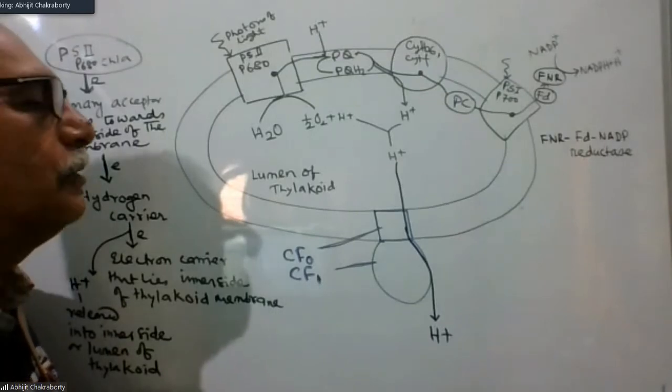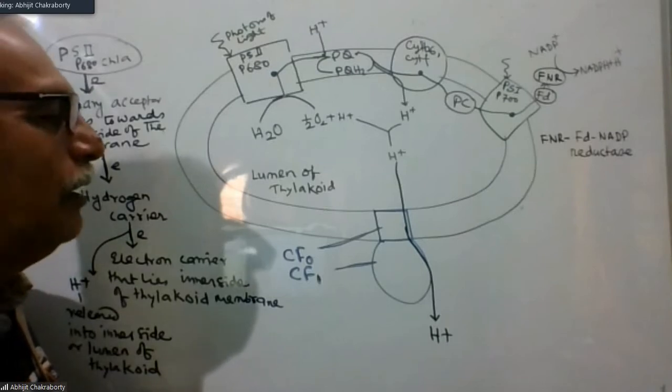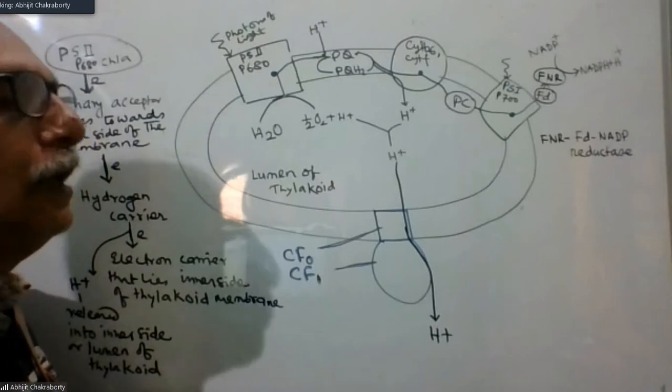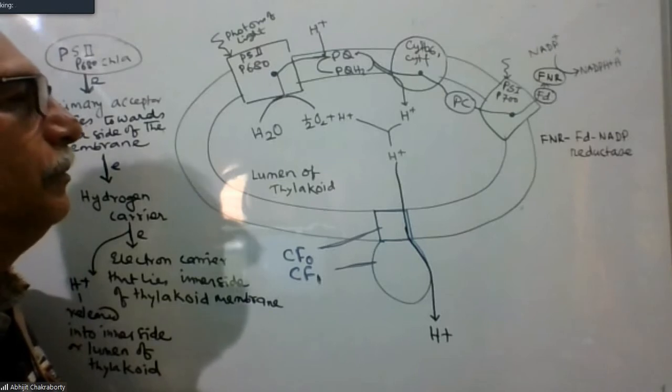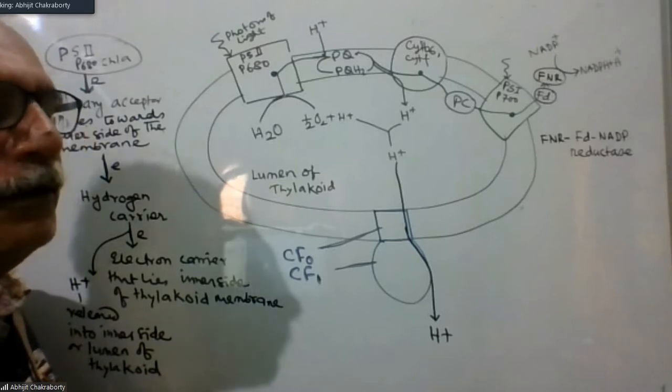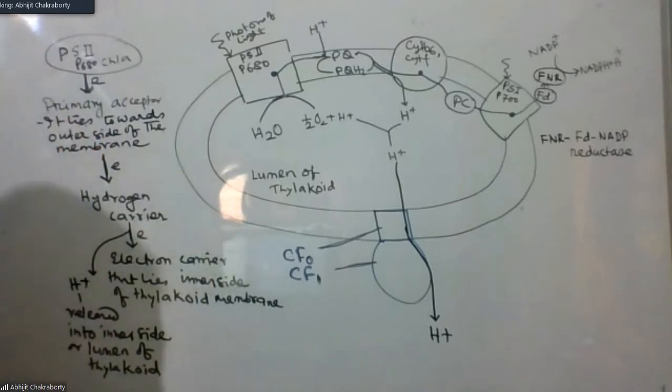Once protons start to flow from the lumen of the thylakoid to the stroma along the gradient, the gradient is broken down. Once the gradient is broken down, then what happens?